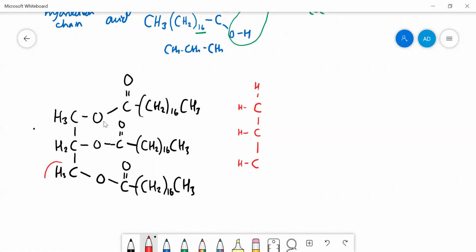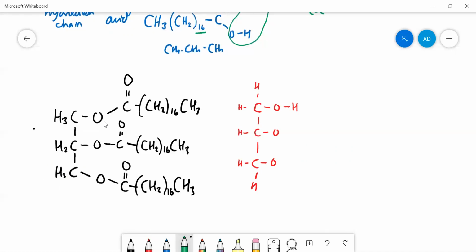You can see I've drawn H3C rather than CH3, because if you put the CH3 there, it looks like the bond is coming from the hydrogens, and that's not going to happen. That's why people sometimes draw this H3C bit. And we're going to have 3 alcohol groups here.